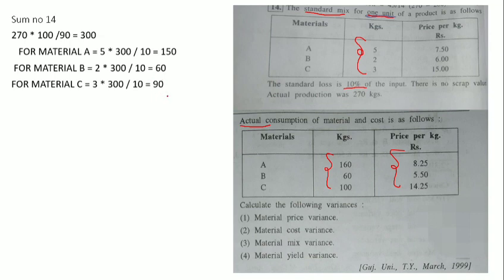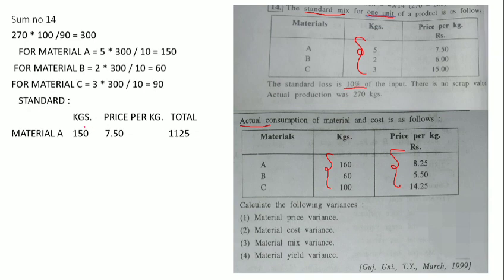Now after this, make a table for standard materials. Write like this: standard, and after this kgs, price per kg and total. For material A, kgs are 150 which we calculated above, and price per kg as mentioned in the sum is 7.50. So the total is 1125, as 150 multiplied by 7.50 gives you 1125.